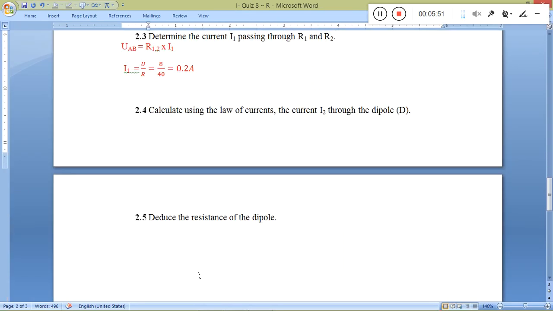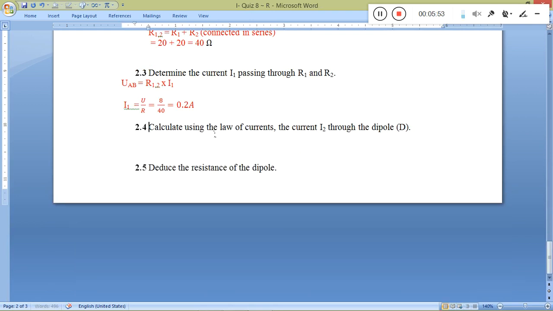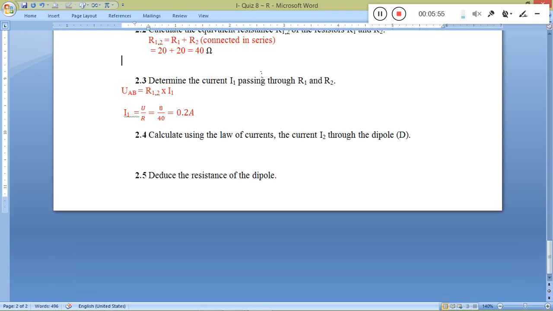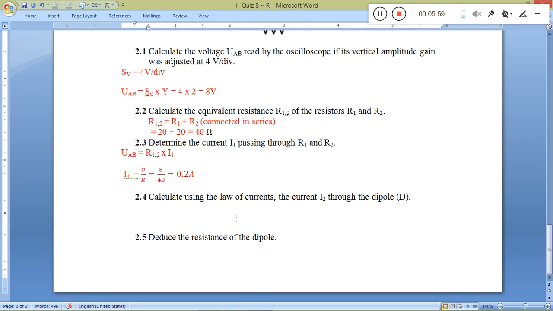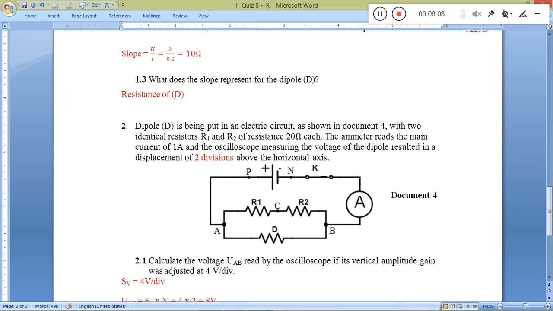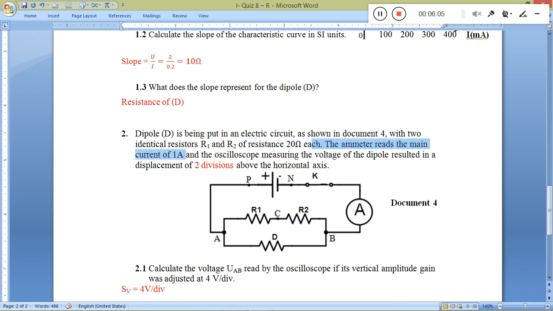Here, calculate using the laws of current the current I2. The laws of current mean either the law of addition or the law of uniqueness of current. Note that we have the main current of 1 ampere entering point A. R1 and R2 took 0.2 amperes. So what's left in D is the subtraction between the main current and I1.